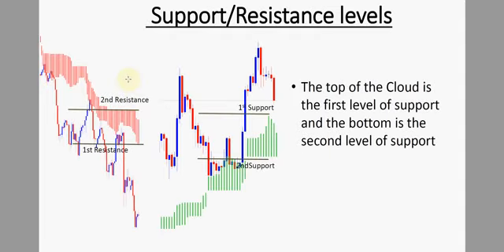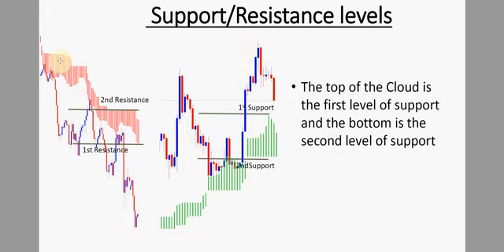So we talk of resistance and support levels. In an uptrend, the cloud provides support. The first line, which is the leading span A, is the first line of support. The leading span B is the second line of support in an uptrend. So price comes up, bounces off the cloud, comes down, bounces off the cloud.